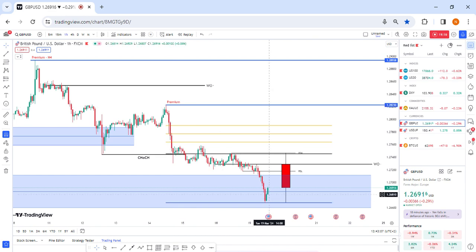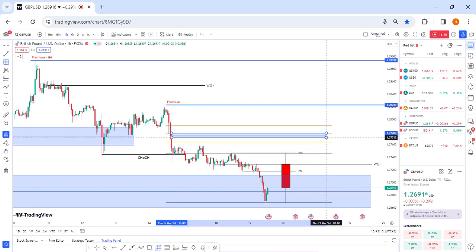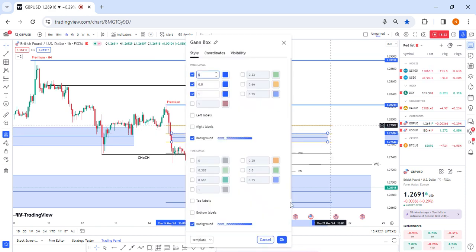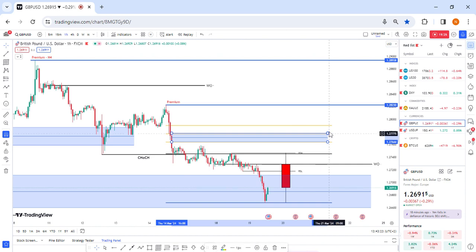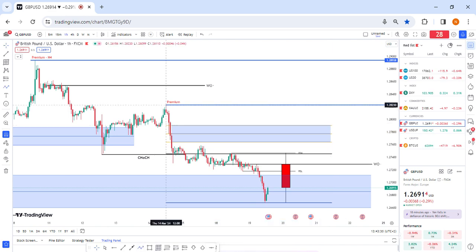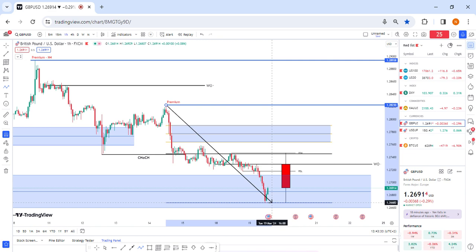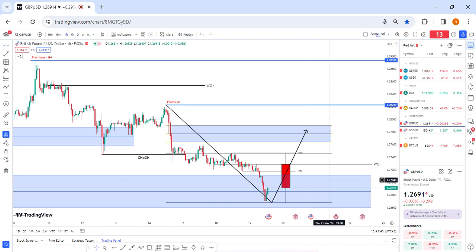On the 1 hour, we're looking at a bearish market structure, but taking the higher time frame into consideration, I might think we're looking to do something like this and take out this high. But again, it might just push to the downside.